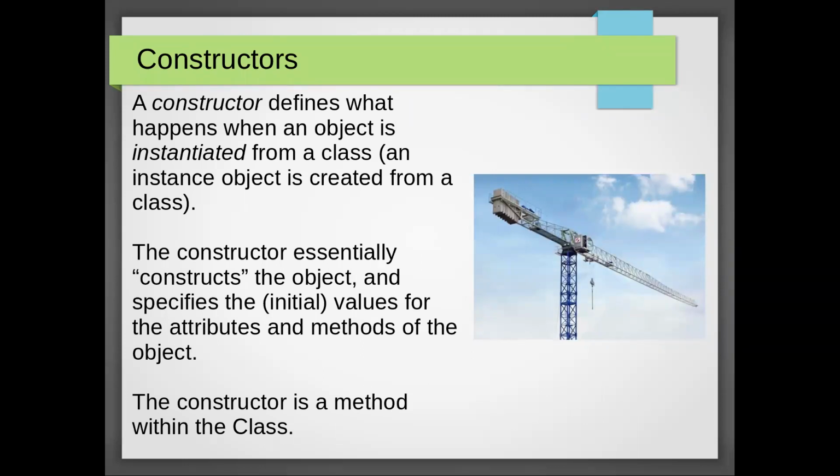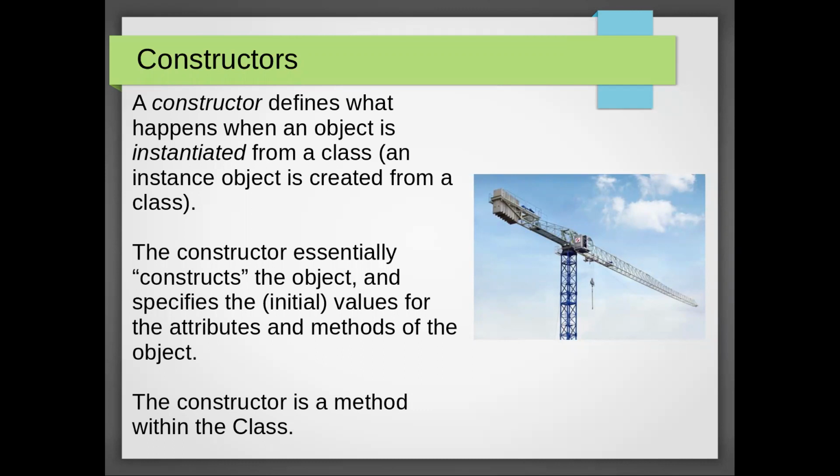So the constructor is basically a method within the class that puts together an object. It's the thing that, when you instantiate from a class to create an object, tells it how to put one of these things together. It's your Frankenstein to create your Frankenstein's monster.